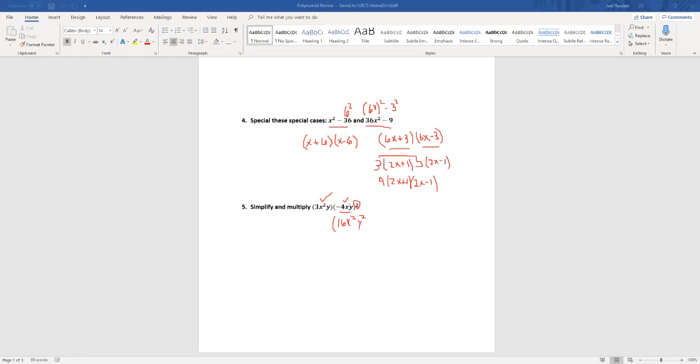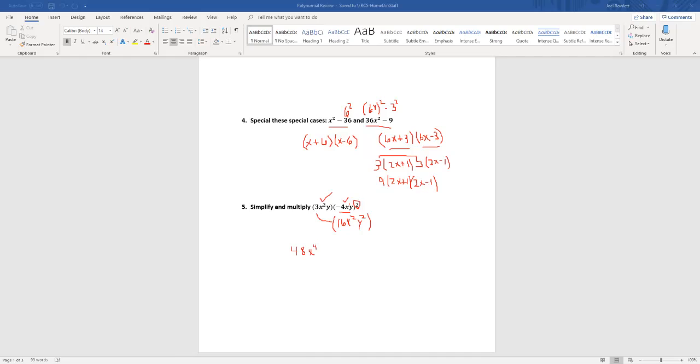So I have cleared out a little bit of the noise there, and then I can now multiply 3x squared y times 16x squared y squared. Well, 3 times 16 is 48. And then if I multiply x squared times x squared, that's going to cause me to add those exponents since we're multiplying, and that would give me x to the power of 4.